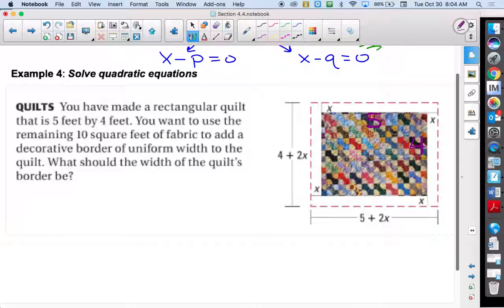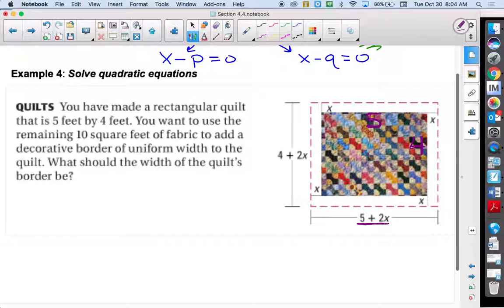We're making that to be a uniform width of X. So my inside area is 4 by 5, but the new dimensions would be 5 plus 2X, because the initial width is 5, but we're adding an X on each side because we're adding border to each side. So that's how the 2X part is added onto there. So the initial is 5 feet, but we're adding a distance of X on both sides, and there are 2 spots, a left and a right, so that's how we get the plus 2X.